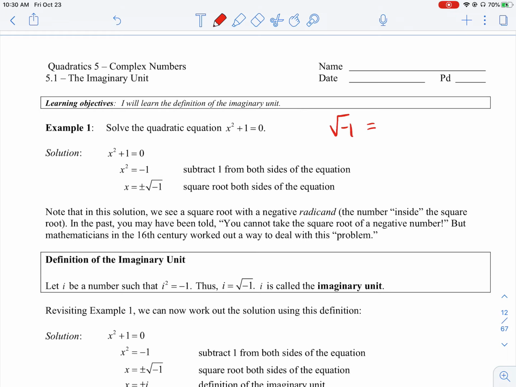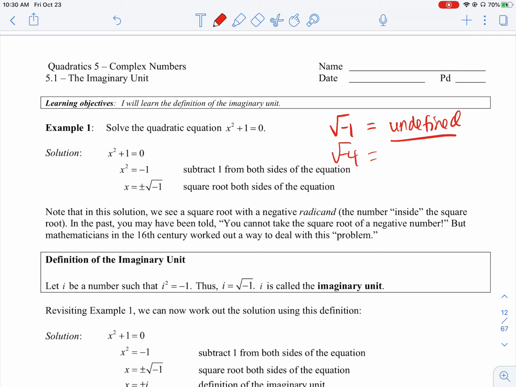In the past, maybe when you were in middle school, you were told that you cannot take the square root of a negative number. That is true, because if you put the square root of negative 1 in the calculator, the calculator will say error or undefined. If you put the square root of negative 4 in the calculator, it would also say error.